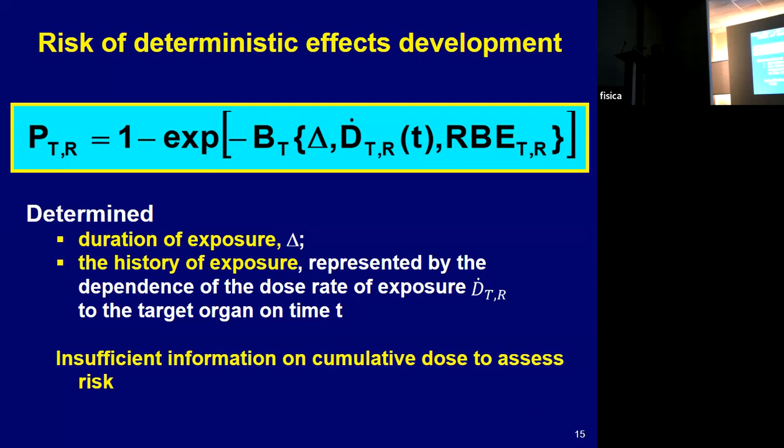Then D-dot is the function of the change over time of the absorbed dose rate of radiation of type R in organ or tissue T during the considered period of time. And the last is RBE, the coefficient of relative biological effectiveness of radiation of type R during irradiation of the organ or tissue type T.